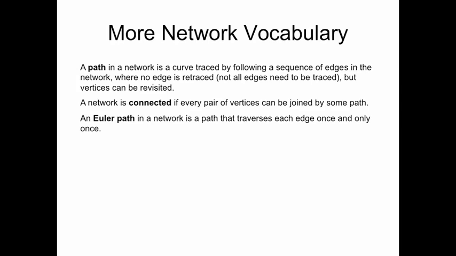An Euler path, this is the one we're most interested in, is a path that traverses each edge once and only once. And again, this comes from the question about the Königsberg Bridge. So we say that a network is traversable if and only if it has an Euler path. So a traversable network and a network that has an Euler path are identical. All right, that's what we're going to be working for. Traversable simply is an English word that means travelable.